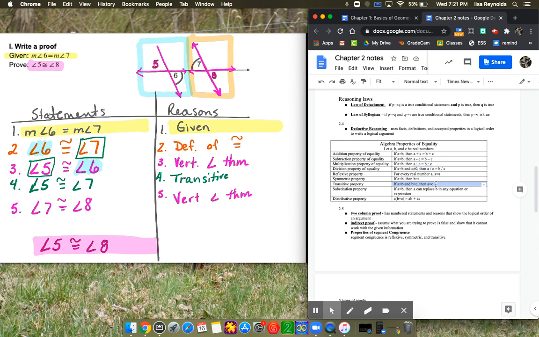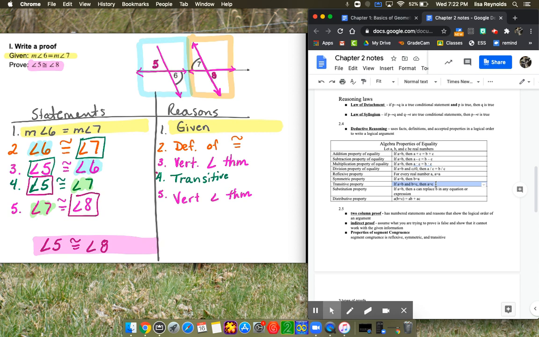And if you're looking very closely, you will now see that we have 2 congruent statements that have angle 7 in them. There we go. So if I look, I have my angle 5 from line 4 and my angle 8 from this line, and they are congruent to the same thing.